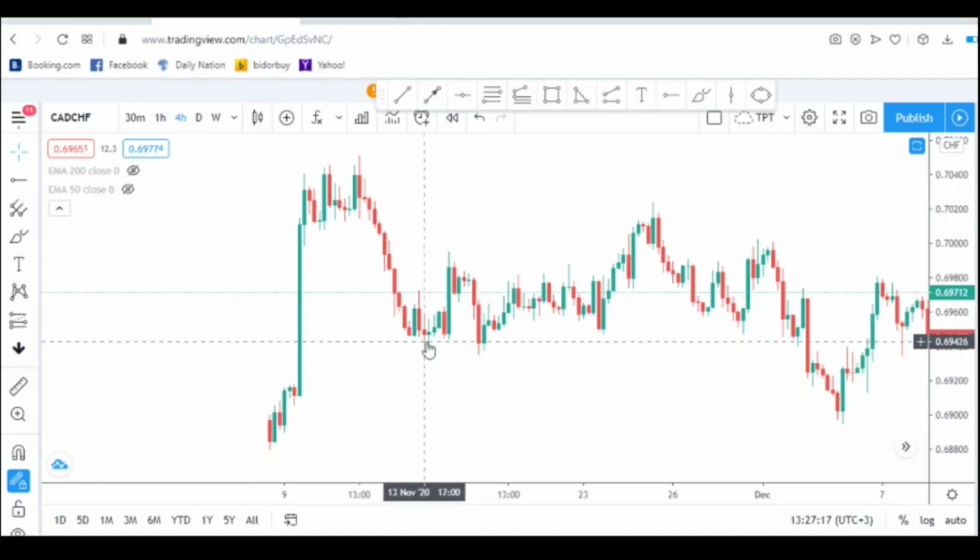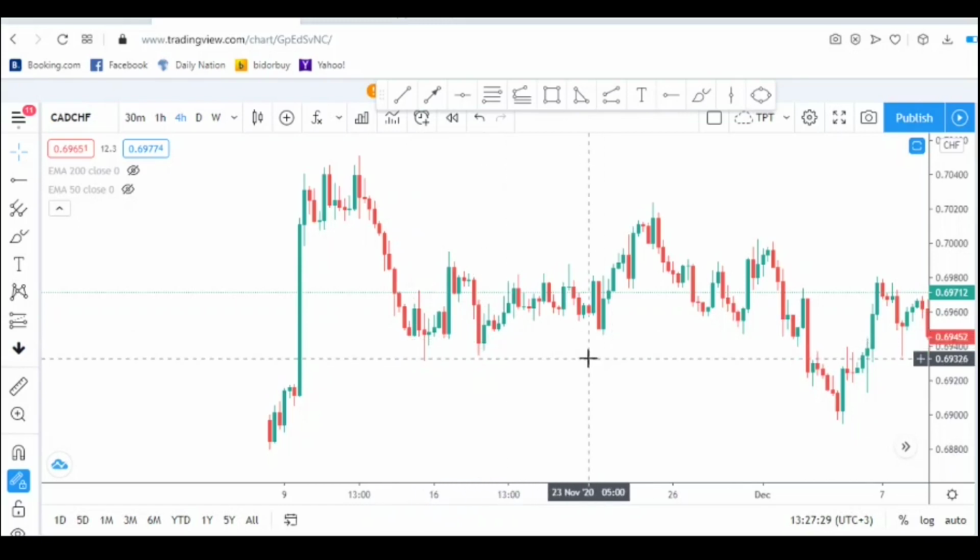And if here at this double bottom is a key level of support that has been tested multiple times in the past, then you can buy at this double bottom. And this is how you trade double tops and double bottoms.